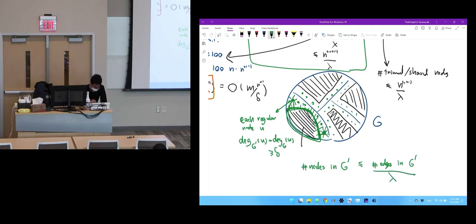Just because each of the nodes corresponds to a cut in the original graph, and that cut has size at least lambda. Make sense?